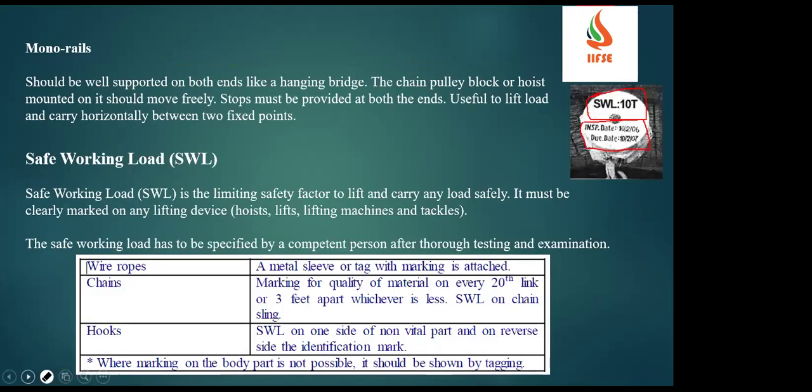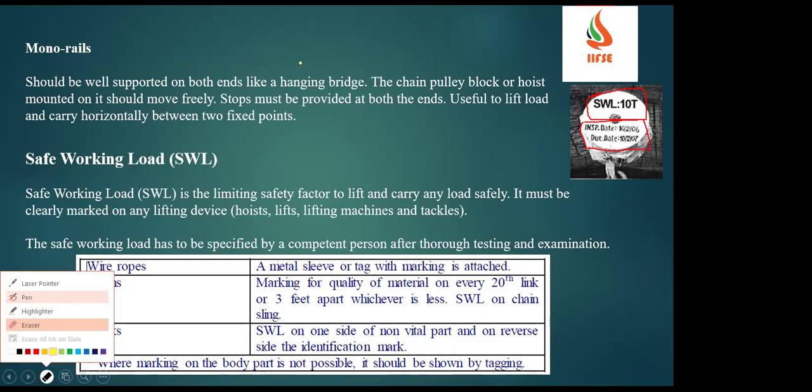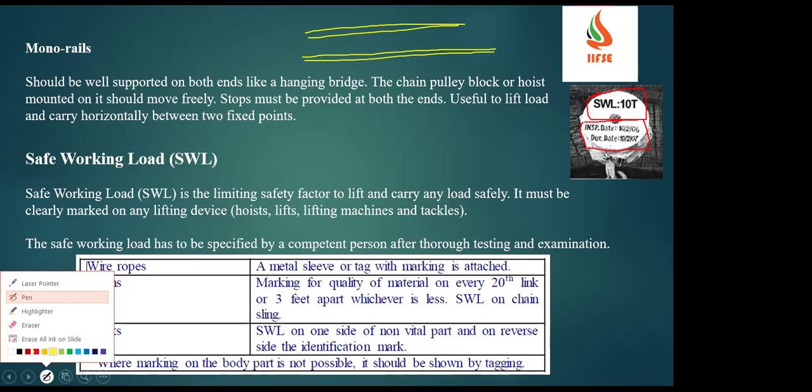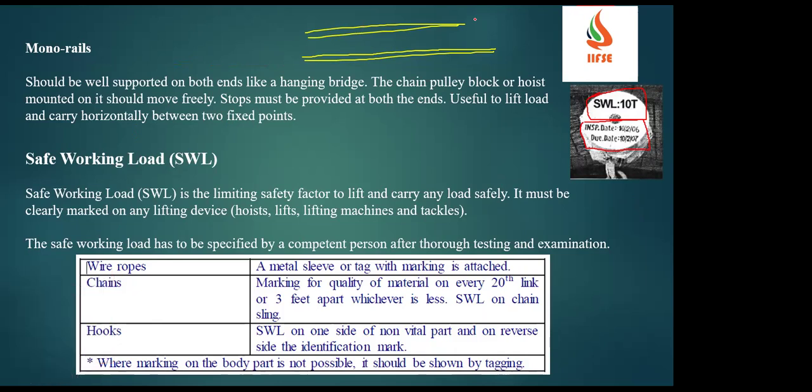The other one is monorails. It should be well supported on both ends, like a hanging bridge. It will have two rails, like a bridge kind of thing, and it will hang on this and run on these two fixed paths from this end to this end.